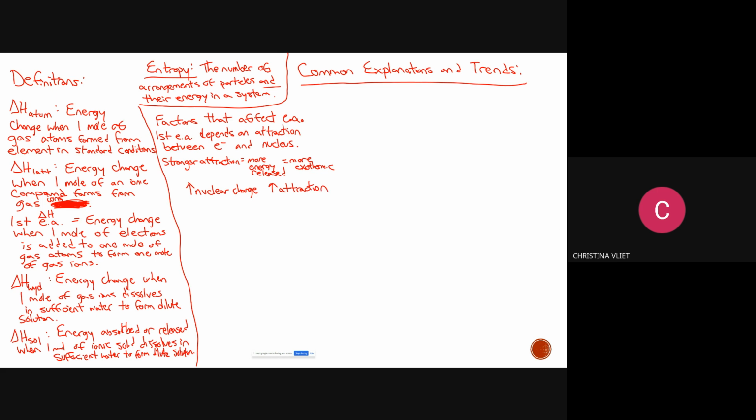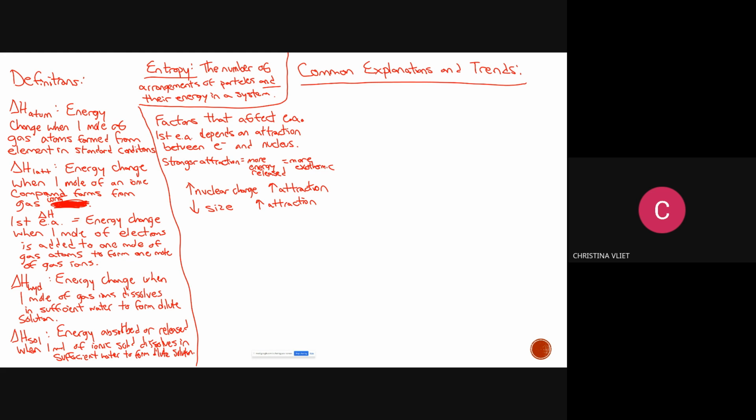And if there is a decrease in size, the smaller the size, the greater the attraction, because the closer the electrons are to the nucleus. So smaller size atoms will be more attracted to electrons. So smaller size, greater attraction. So this allows you to compare across periods and down groups.